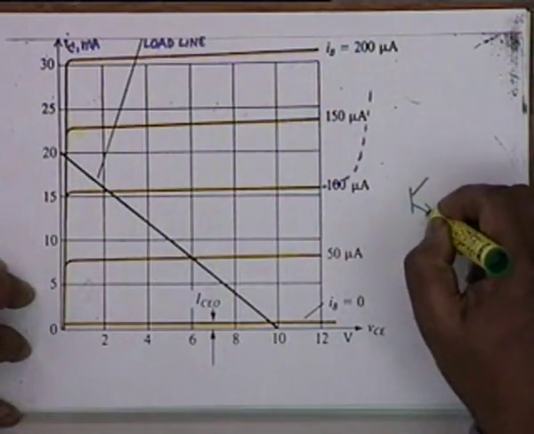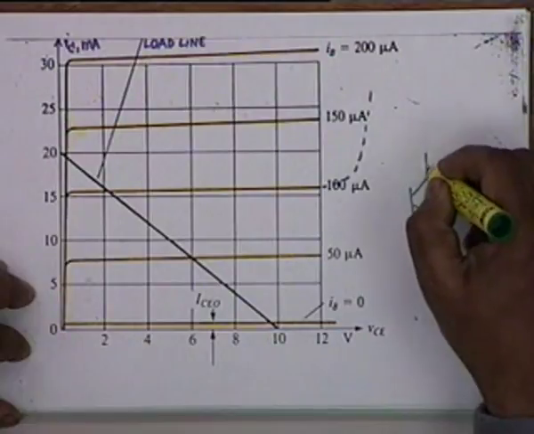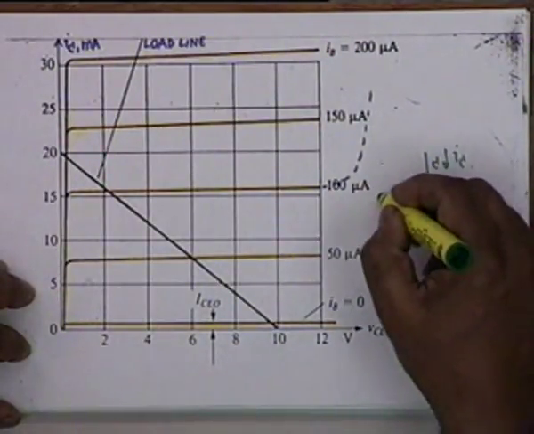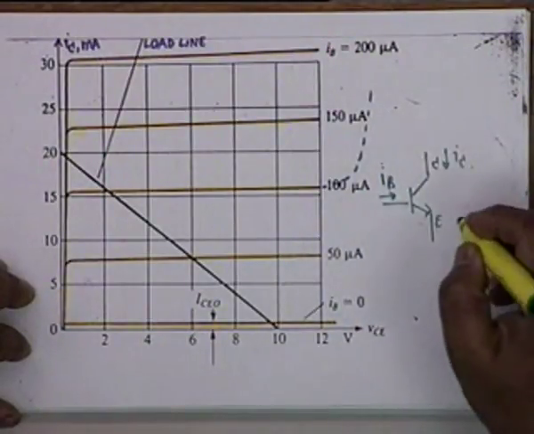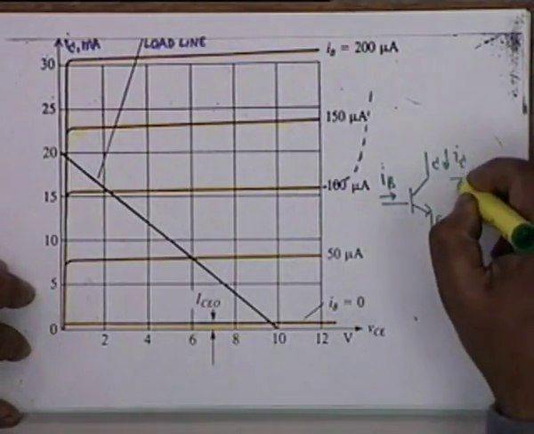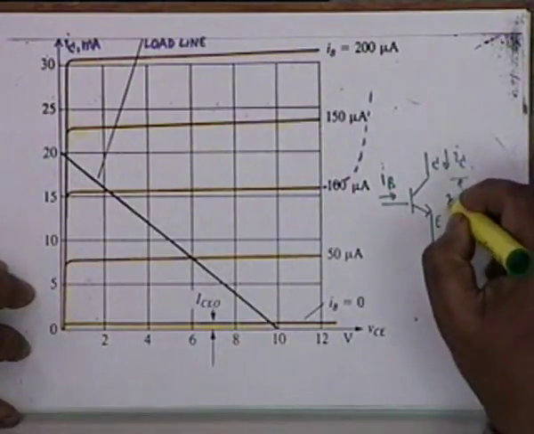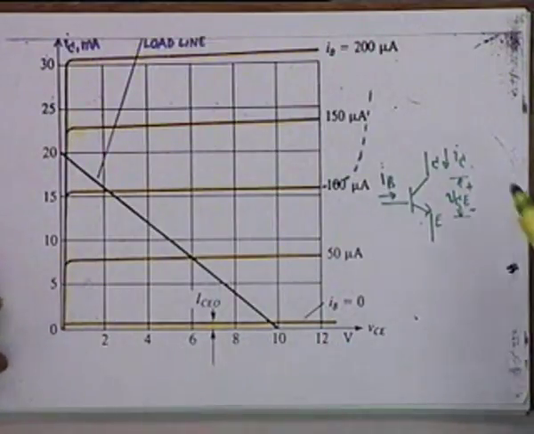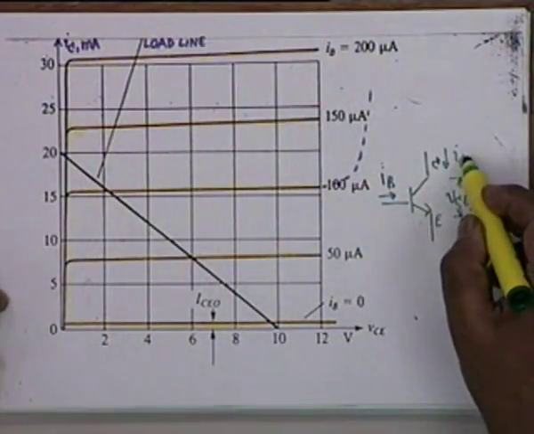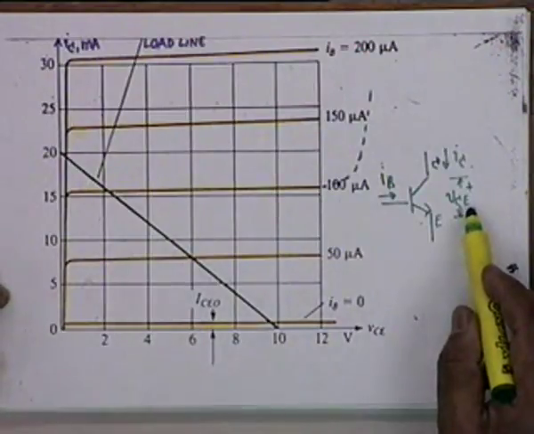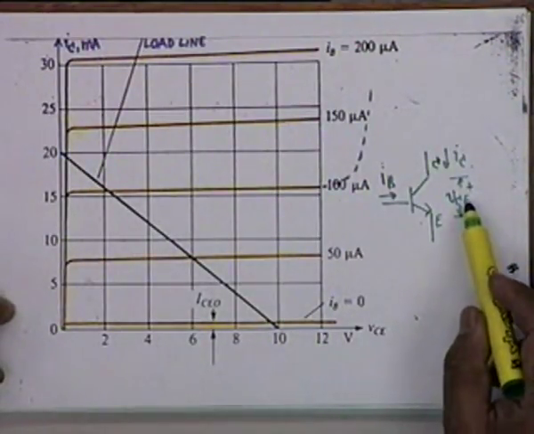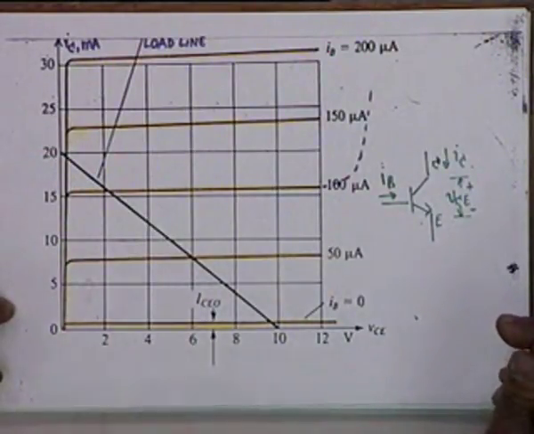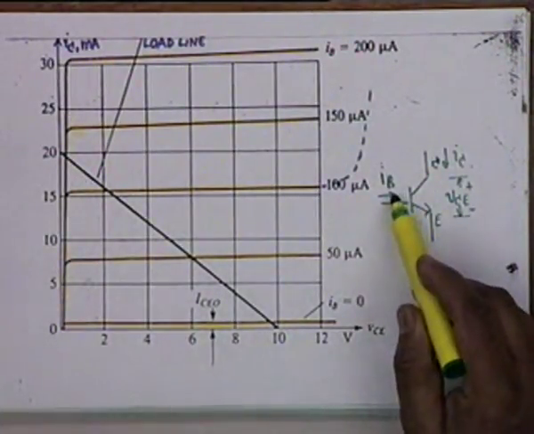This is E, this is C, and this is the current I sub C, this is the current I sub B, and this is the voltage V sub CE, plus minus. What we are plotting is the collector current versus collector to emitter voltage, and this characteristic I sub C versus VCE depends on what you inject at the base, depends on what IB is.